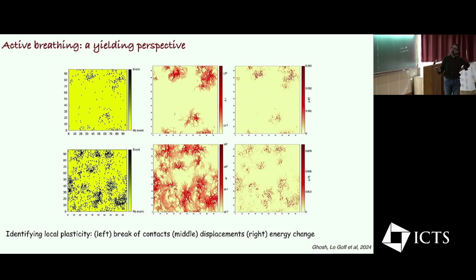And we see that all three give us similar signatures, and this is the easiest thing to compute, the number of events happening locally. This is below the yield threshold, and this is above the threshold amplitude. You see there is some local plasticity happening, but as you cross the threshold, there's large-scale plasticity happening. And this is displacement within one cycle of the oscillation.